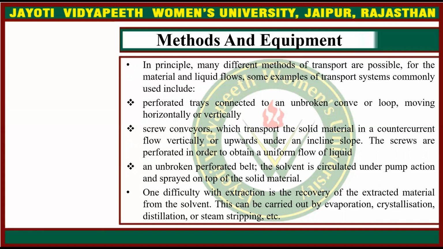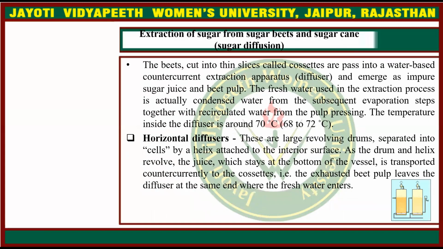The screws are perforated in order to obtain a uniform flow of liquid. Another is an unbroken perforated belt, where the solvent is circulated under pump action and sprayed on top of the solid material. One difficulty with extraction is the recovery of the extracted material from the solvent. This can be carried out by evaporation, crystallization, distillation, or steam stripping, etc.